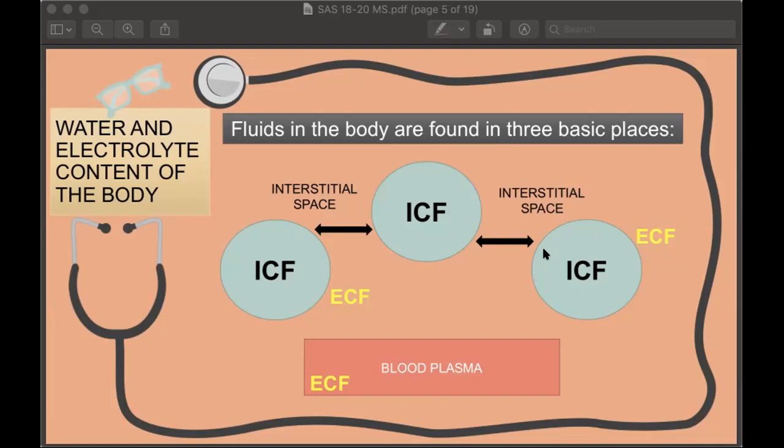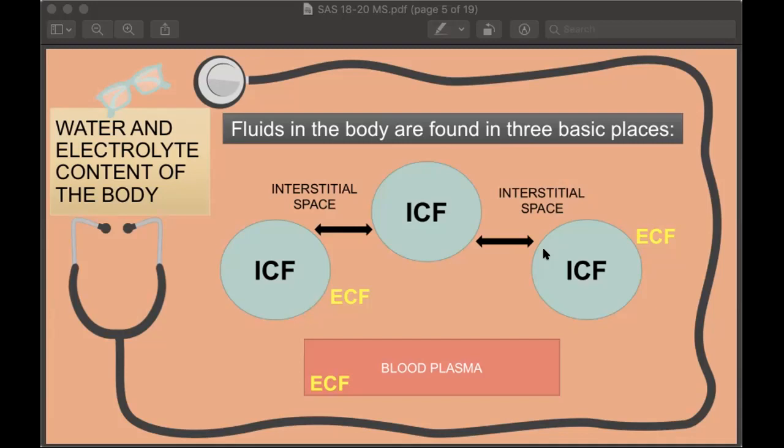Now, the ICF and the ECF must be balanced. Clear? Now, as you can see, ECF is also in the blood plasma or near the interstitial space. It's because 75% is made from the interstitial fluid, and 25% is from the plasma. And plasma is the liquid portion of the blood.